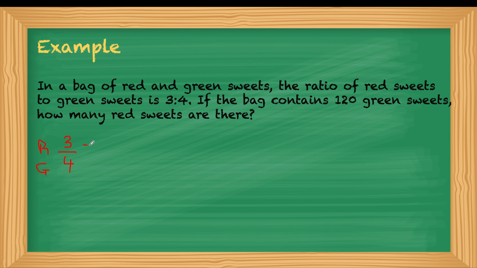So we know, right, that for the green, there are 120. But what we don't know is how many red. So we're going to put red as the unknown and we'll use x.